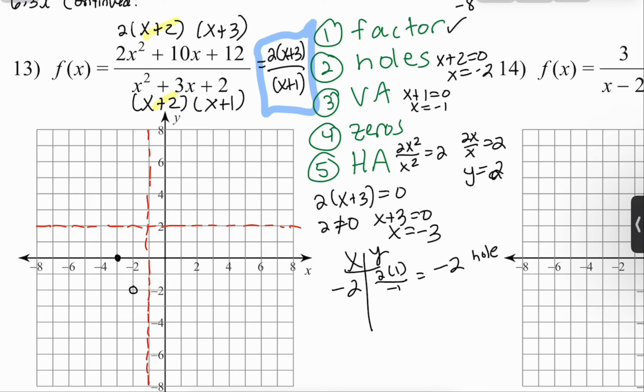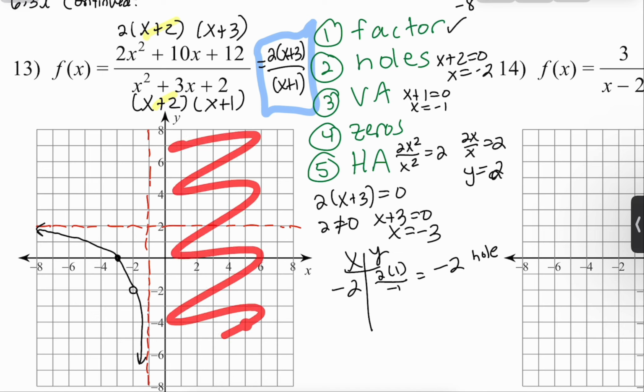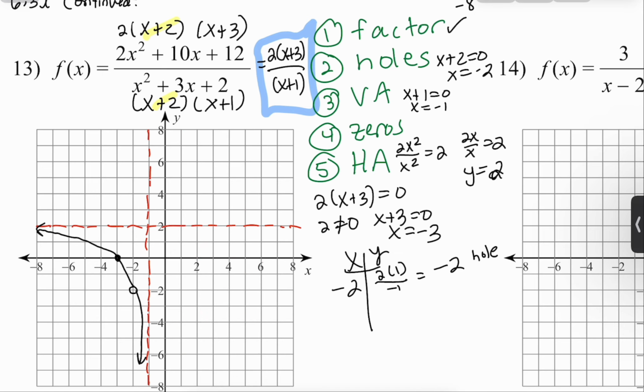Okay? But that does tell us that we have a spot in our graph that's in that bottom left corner. So we need to know now, well, what's happening over on this side. We didn't find our y-intercept, so that's an easy one to plug in. So we could plug in 0.